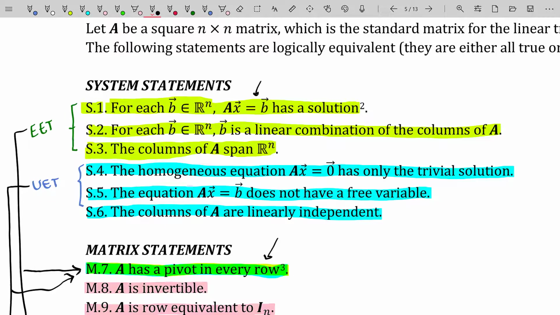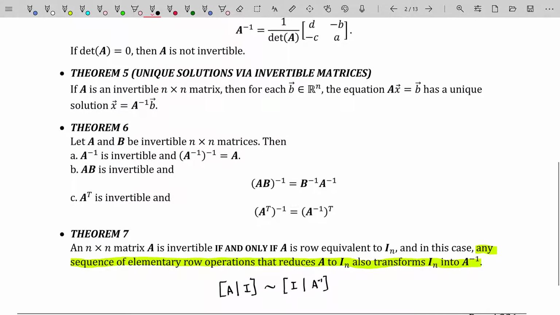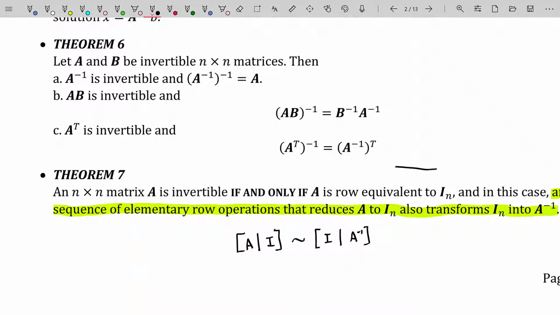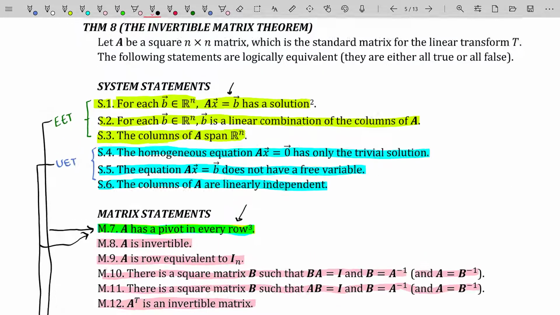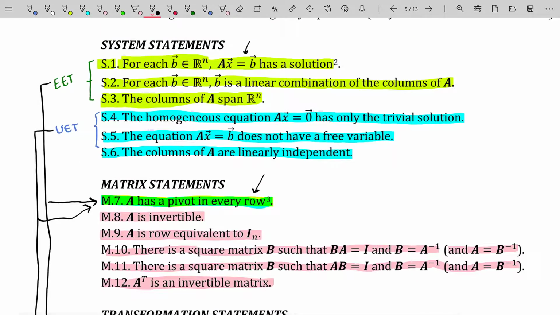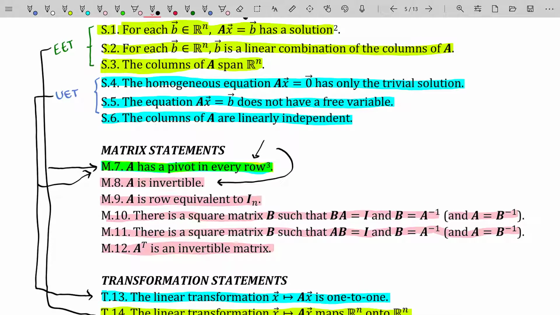Remember that green highlighting there is both for columns and rows for a square matrix. If it has a pivot in every column, it is row equivalent to the identity matrix. And it's row equivalent to the identity matrix if and only if it's invertible. So there's our if and only if link. That's our bridge from this yellow and blue and green text over to the pink text.